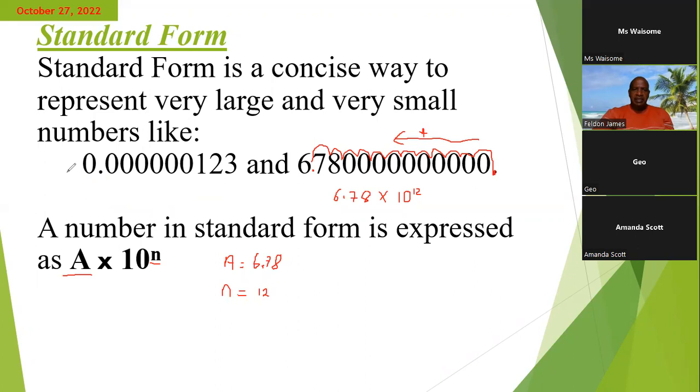So in this case, if you're reading from left to right, the first non-zero digit would be 1, and so you put the point after the 1. And then that number that you get with the rest of the non-zero digits is now A. So A is actually 1.23.